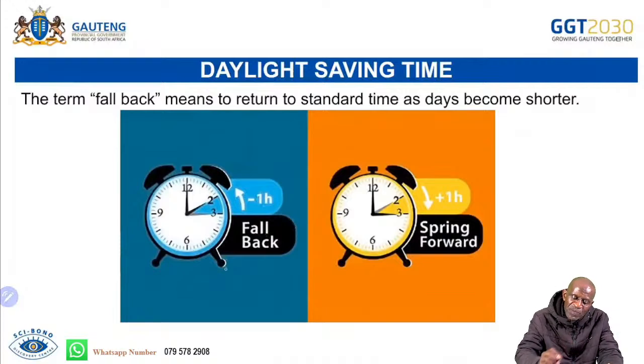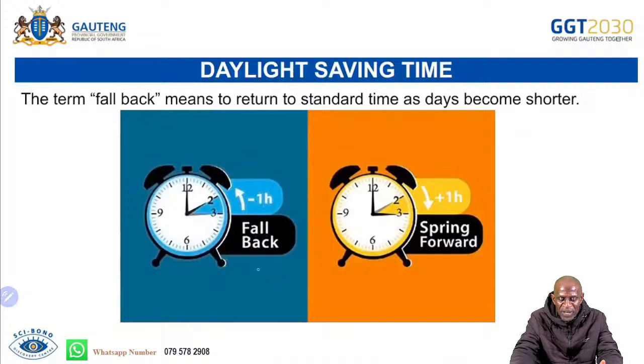And from our explanation, we said this happens in autumn when we have short days and longer nights. And the forward adjustment happens in spring and summer, and this is known as the spring forward, and this one is known as the fallback.